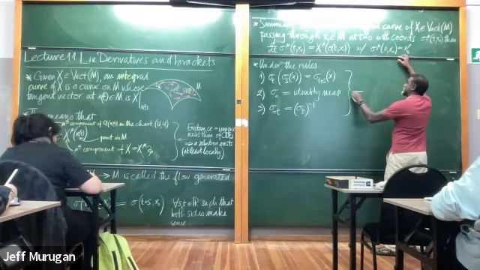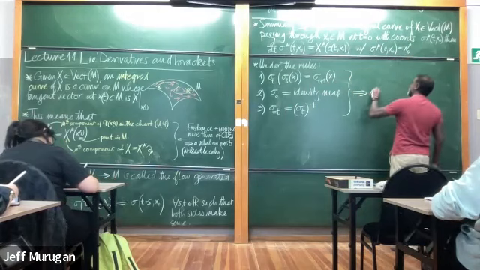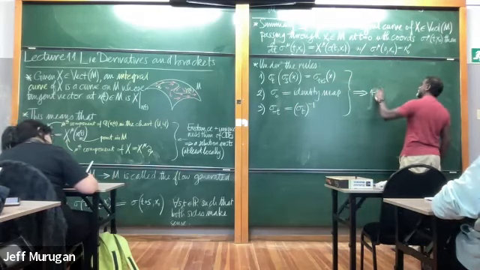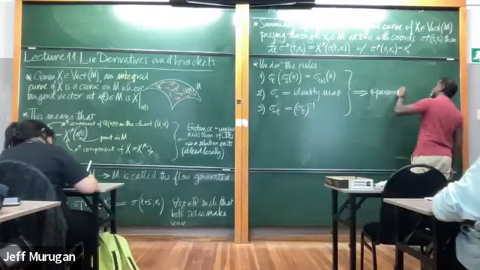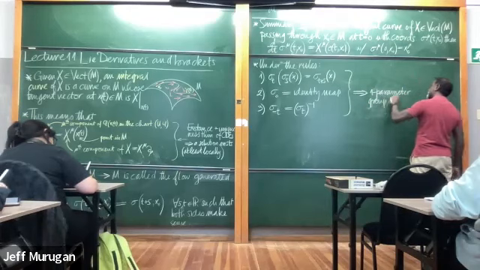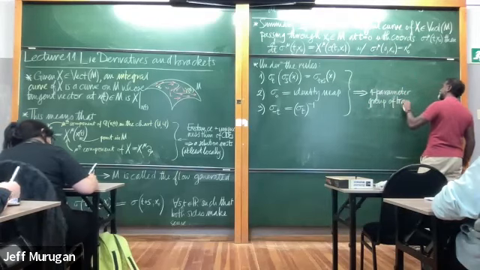So that's the one-parameter group of transformations.